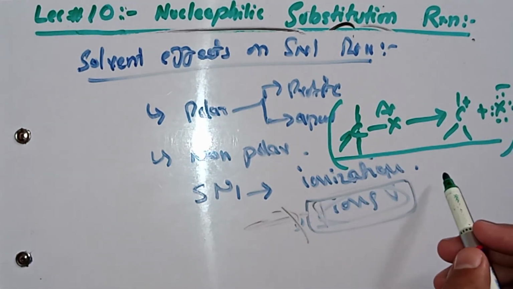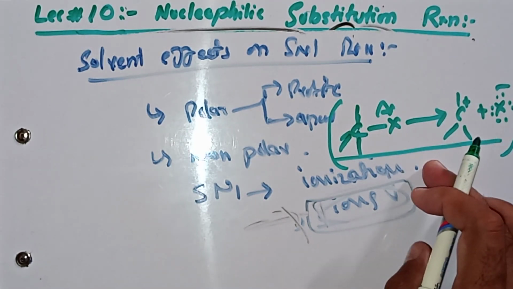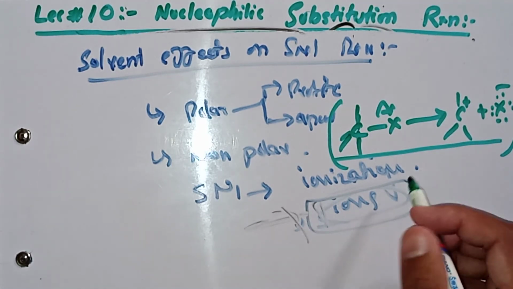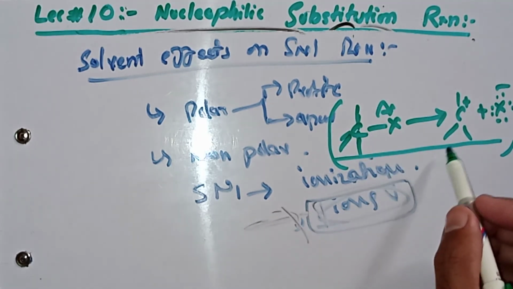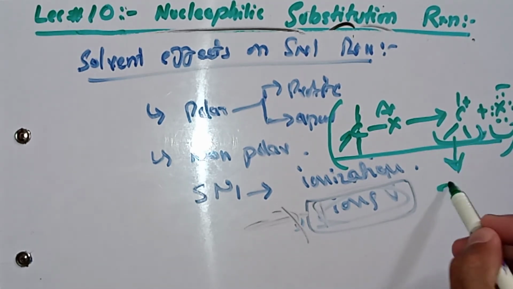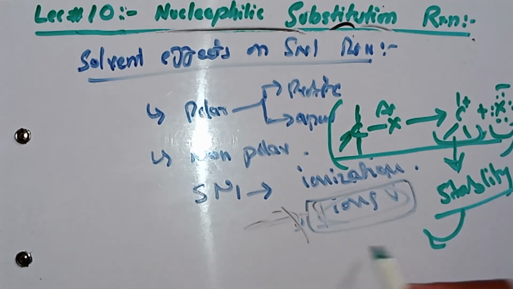When the rate of this step is high, the speed of the Sn1 reaction will be more. This step will be fast when the final ions are stable, and the stability of these ions is increased by the solvent.